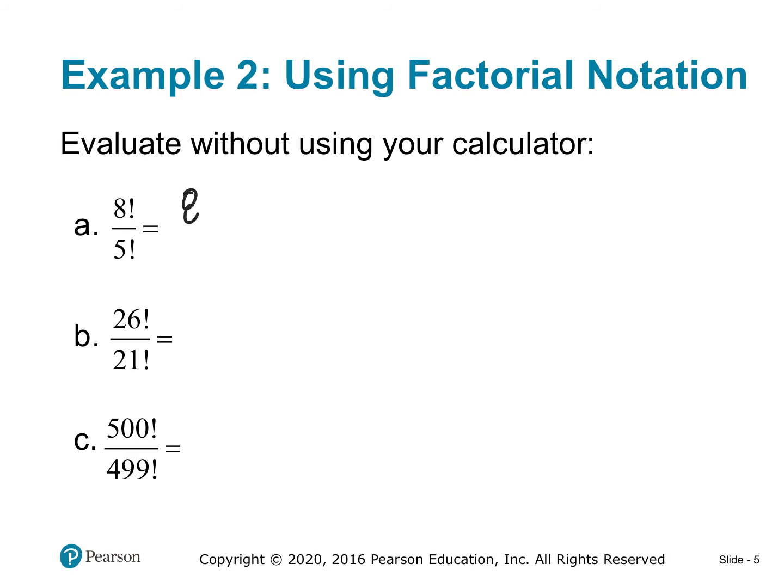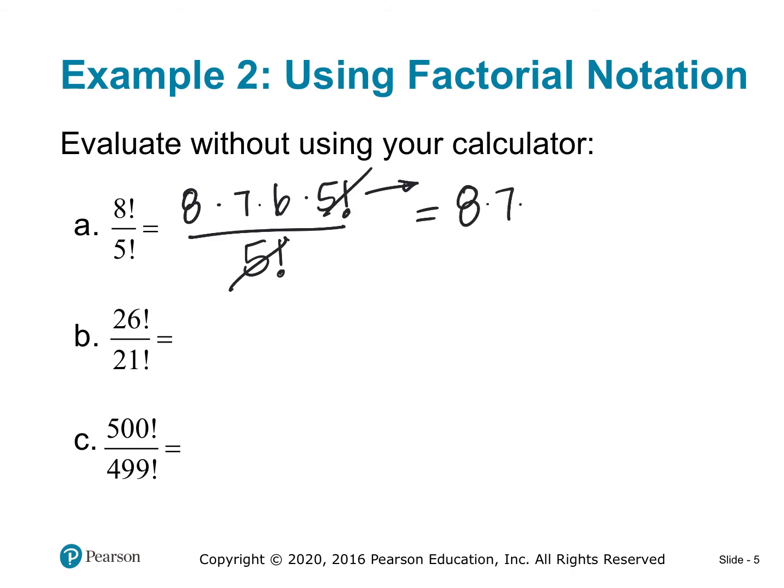So if we write 8 times 7 times 6 times 5 factorial, because that's going to include everything below, and then it's still over 5 factorial, we can cancel that 5 factorial out. So all we have left is 8 times 7 times 6, which if you put it in your calculator, you have 336. That goes with any number. You can break it down until you get to the one that's in the bottom.